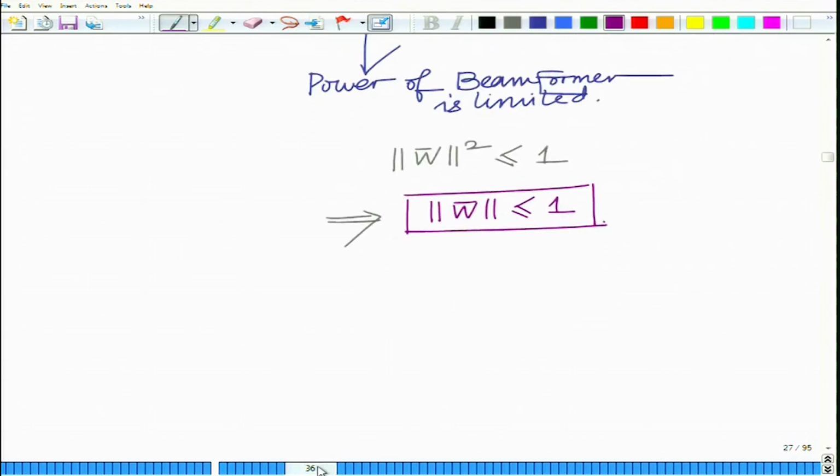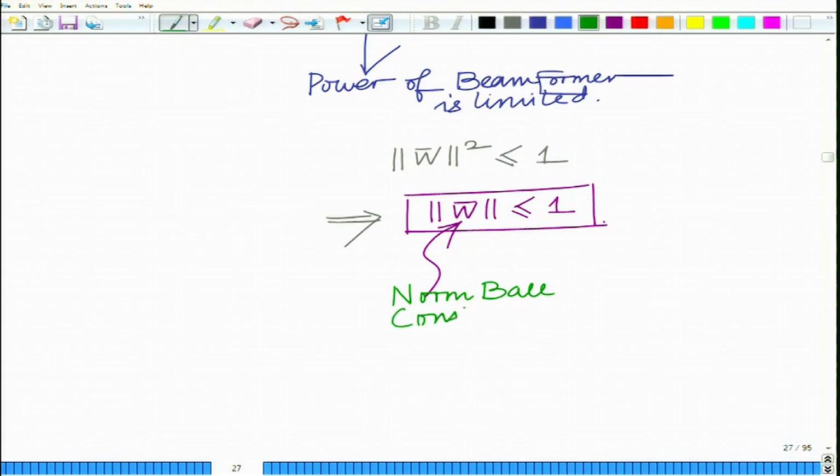So, this is the beamformer power constraint, which is a norm ball constraint. It constrains the set of all beamformers to the interior of a norm ball with radius 1.